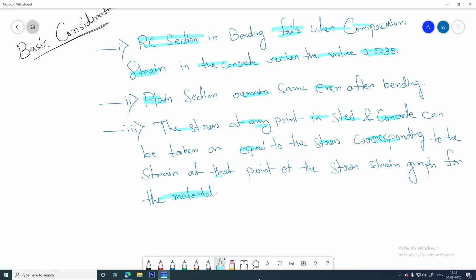If you are a little confused about this particular point, let's make it clear. At the time of derivation you can determine the strain value.